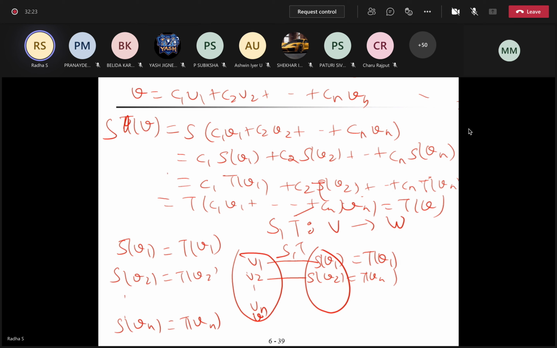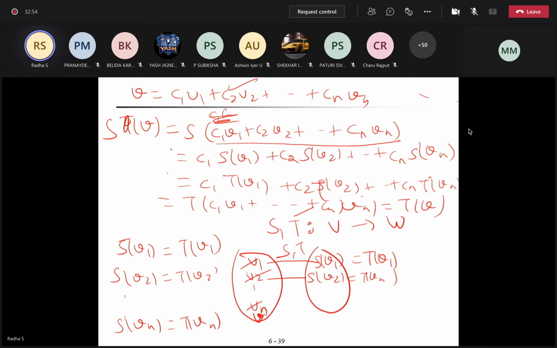See, randomly I'm choosing any element V, right? Since V is not a basis element, we know very well any element in a vector space can be written as a linear combination of the basis elements. So V is some constant times V1, some constant times V2 plus etc., some constant times Vn. I'm writing like that, right? Now find S of V. Apply the linearity property here. It is like C1 F1 plus C2 F2, right?